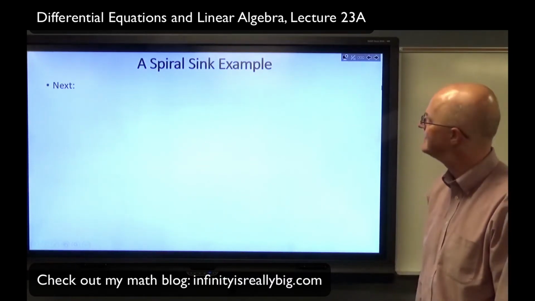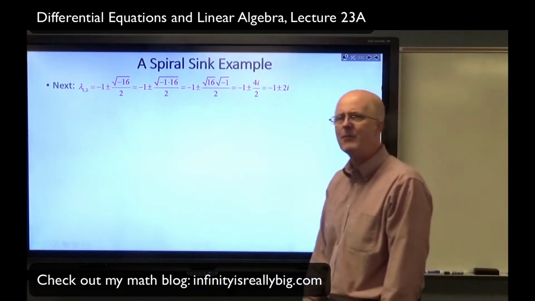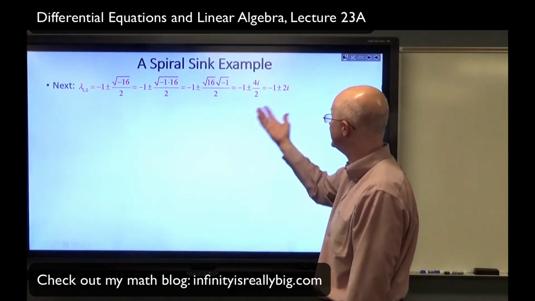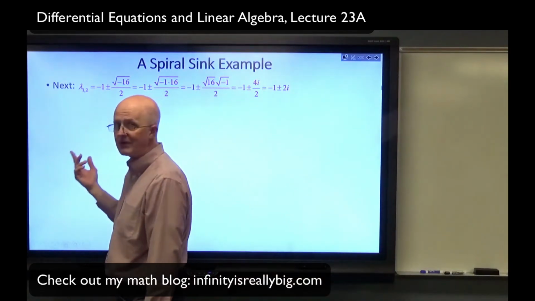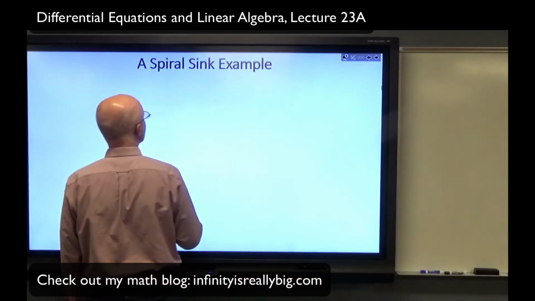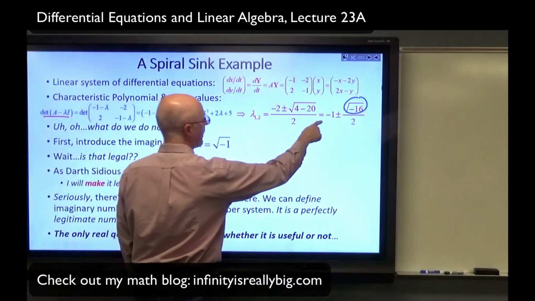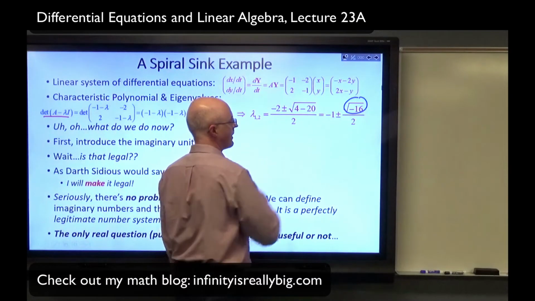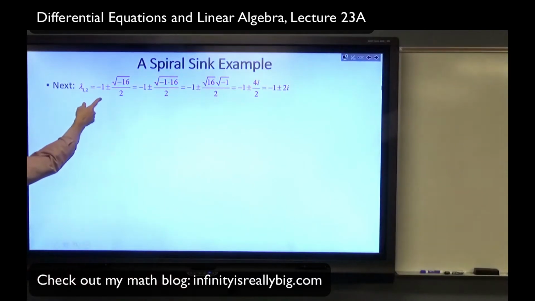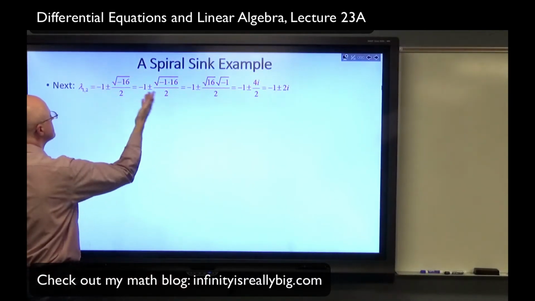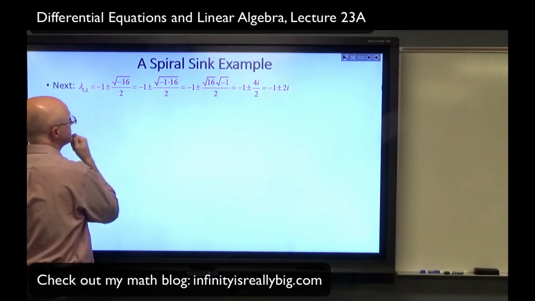Let's keep going with this. So what would this particular matrix's eigenvalues be as complex numbers? Remember I had the quadratic formula. Right there, I wrote the answers as negative 1 plus or minus square root of negative 16 over 2. That comes here now. How can I simplify this? Well, negative 16 is negative 1 times 16.